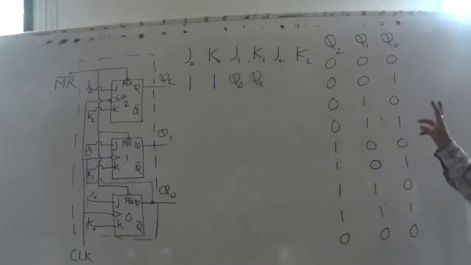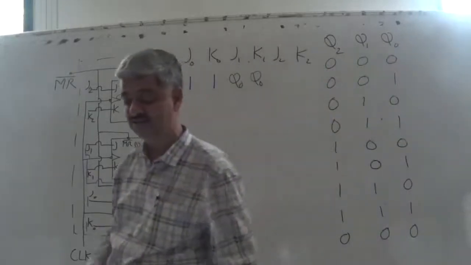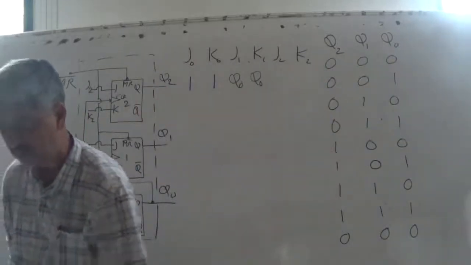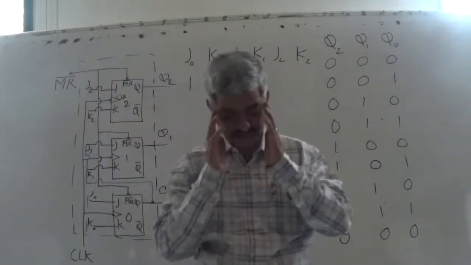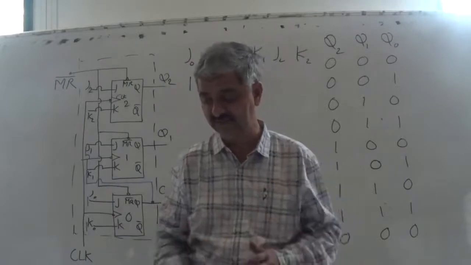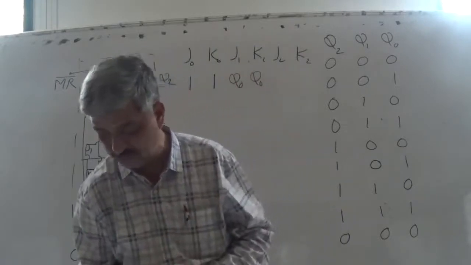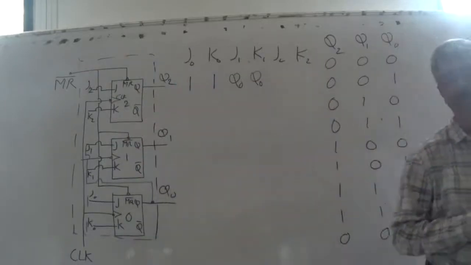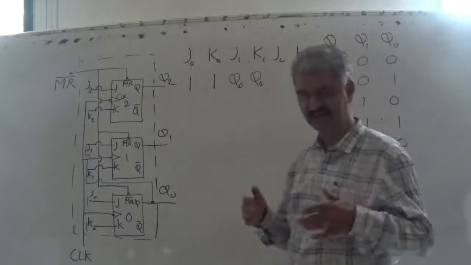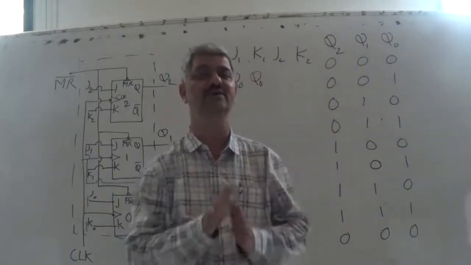So those who want to find the answer on their own, what should they do? They should press the pause button for the video and think whether they can find the answer on their own. If they are able to find the answer on their own, it's well and good. They will verify the answer. If they are unable to find the answer, then they can resume the video and watch. So those who want to pause the video now can pause the video.